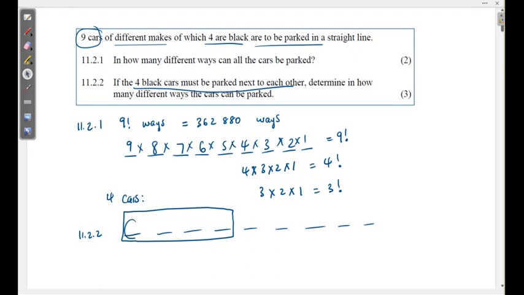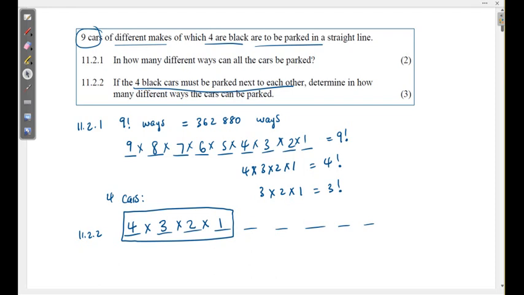So for the first position, I have 4 options. For the second position, how many options? If one of them is now sitting here, 3 of them are left. I can choose to sit here, and then 2 of them will be left, and then 1. So this is what is happening inside the box.